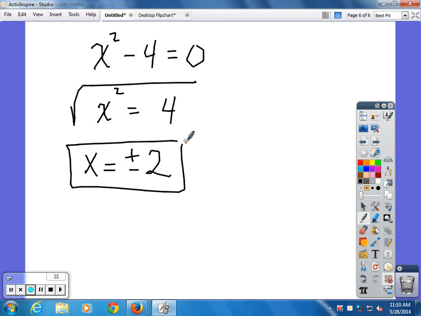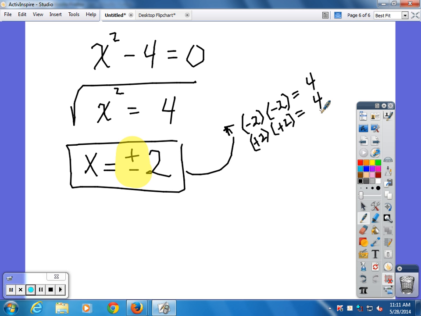2. The reason we have this positive or negative right here is why? Negative 2 times negative 2 is equal to what? And positive 2 times positive 2 is equal to what? So your possible answers are positive 2 or negative 2.